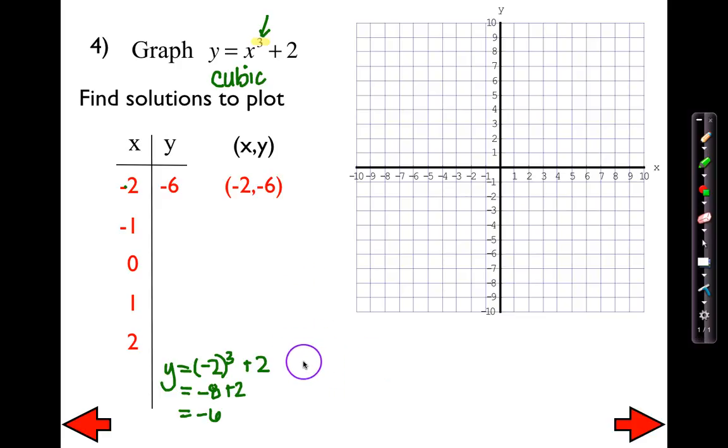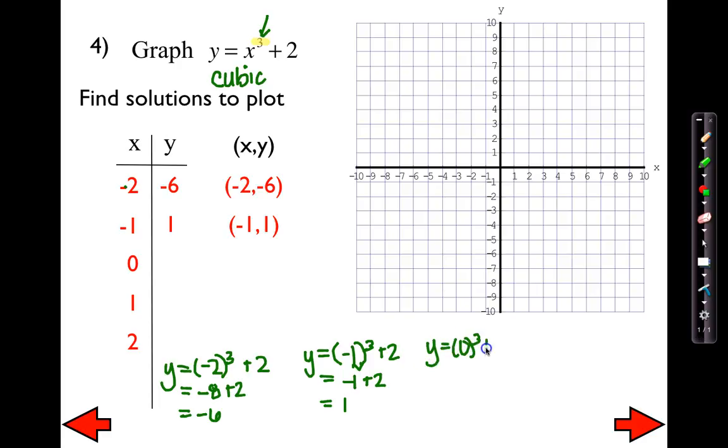Next one I'm going to plug in is y equals -1 cubed plus 2. Here, -1 cubed is -1 plus 2 equals 1. So your ordered pair is -1, 1. Next one, y equals 0 cubed plus 2. So here, 0 cubed is 0 plus 2 is 2.